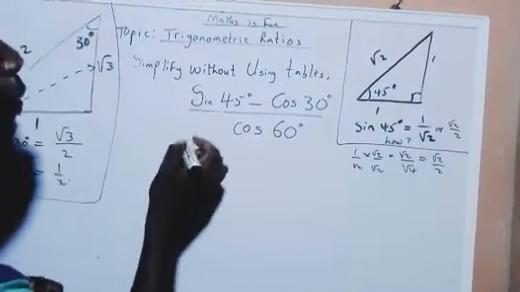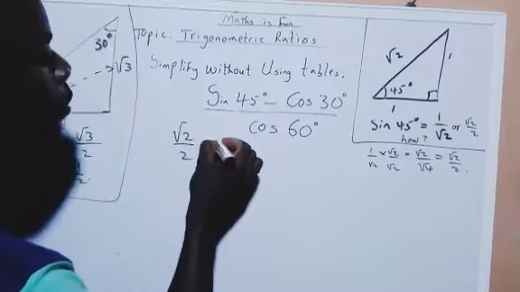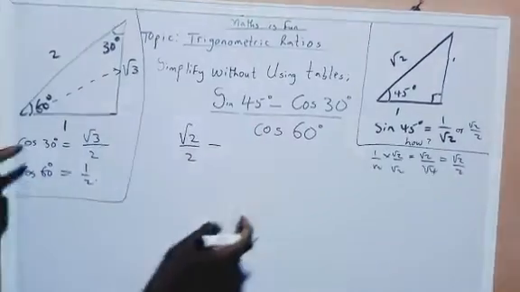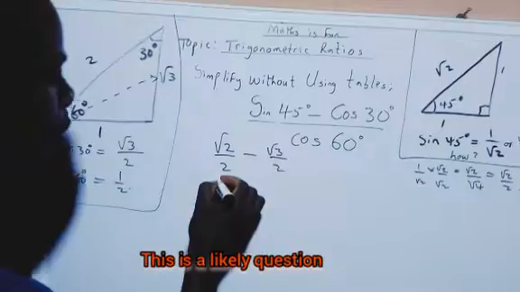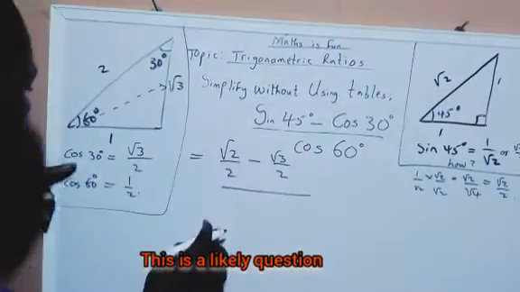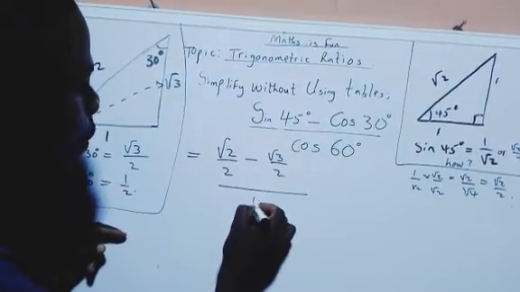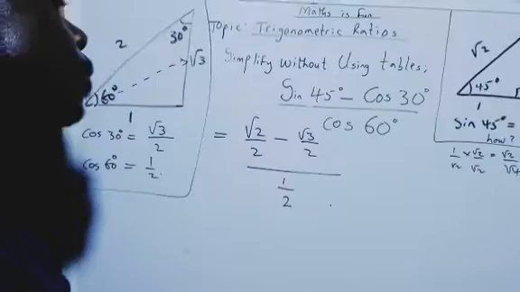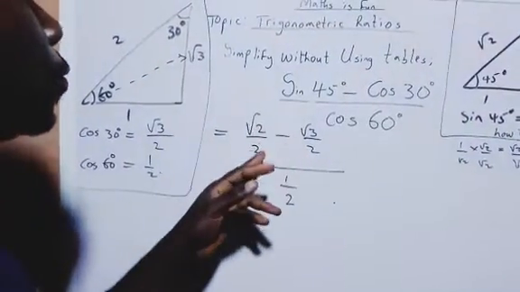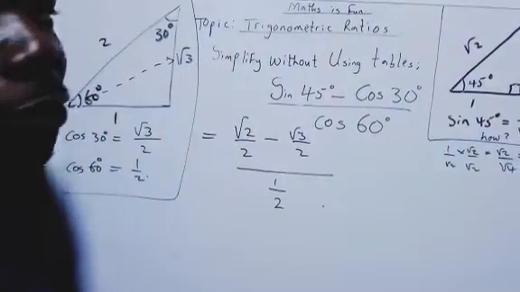So we now have sine 45 to be root 2 over 2 minus cos 30 degrees, which is root 3 over 2, all over cos 60, 1 over 2.